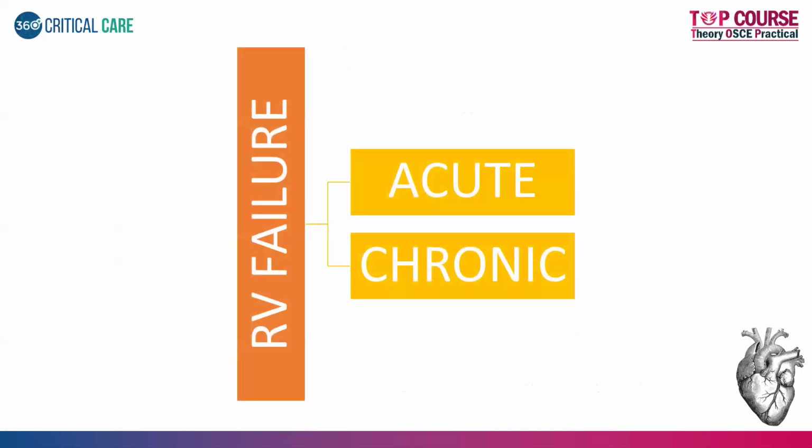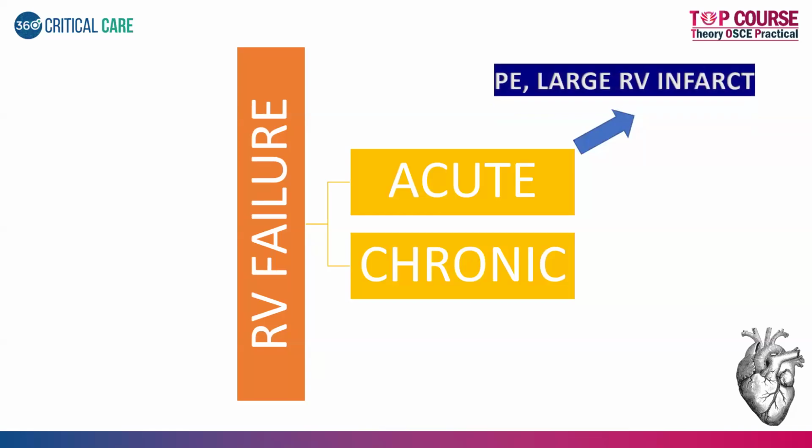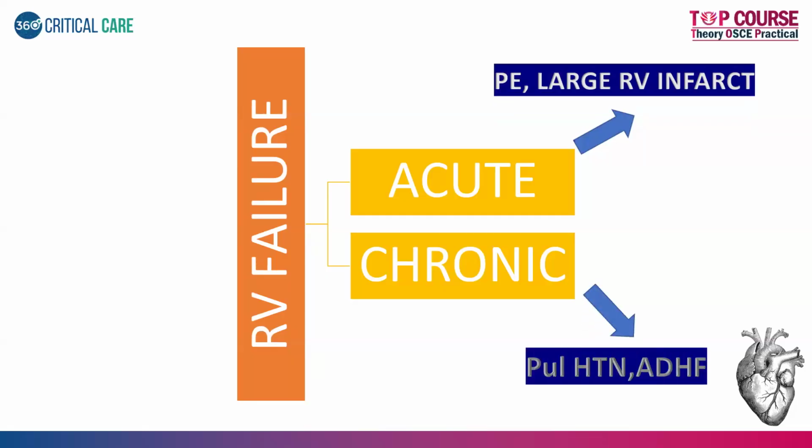RV failure can be due to two things. One, it can be an acute event, like in the case of a pulmonary thromboembolism or a large right ventricular infarct. Or else it can be chronic, which is usually associated with pulmonary hypertension and acute decompensated heart failure.